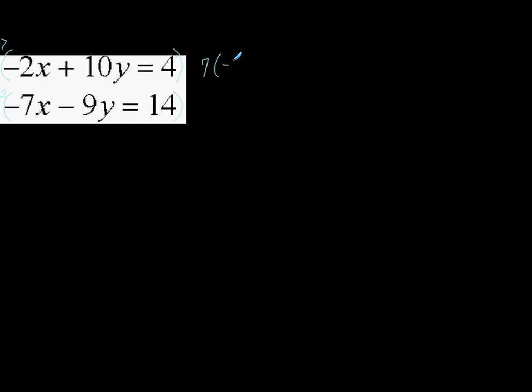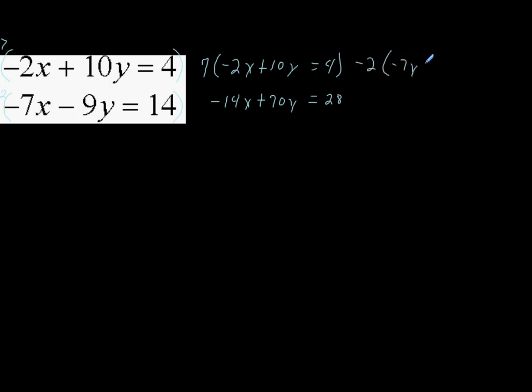So let's rewrite this. 7 parentheses negative 2x plus 10y equals 4. Now let's multiply through. You get negative 14x plus 70y equals 28. Alright, let's do this one now, but let's do it with the negative 2.